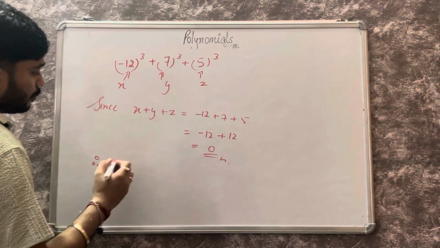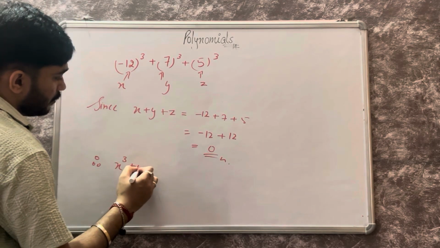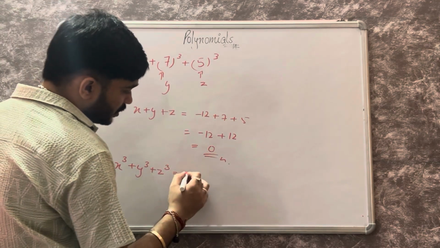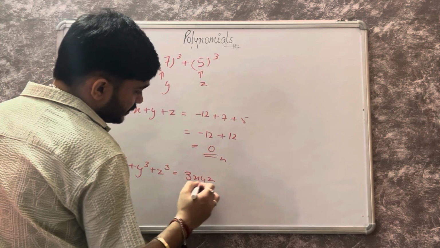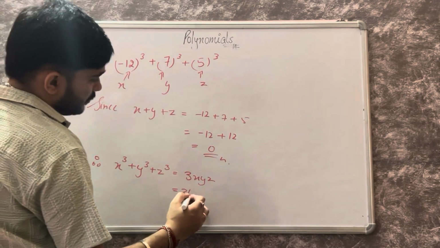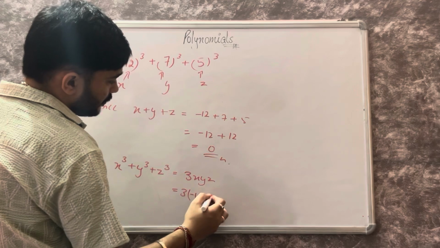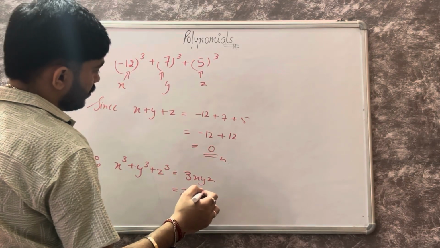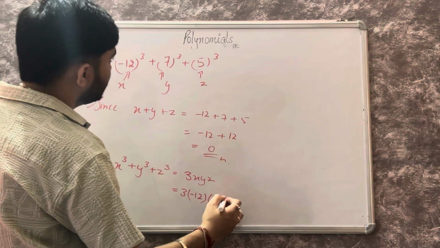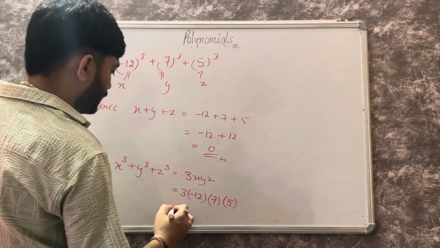Therefore, we are going to apply the formula, that is x cube plus y cube plus z cube is equal to 3xyz. Write the value of x here, that is 3 into x is minus 12, y is 7, and z is 5. Any doubt?